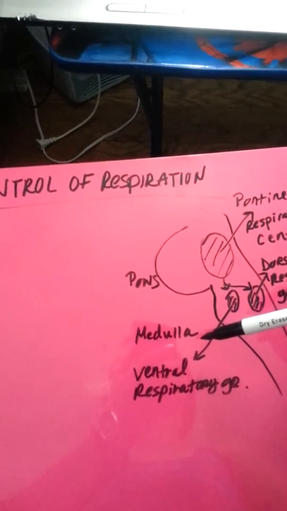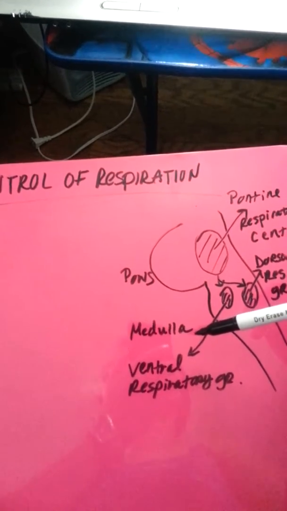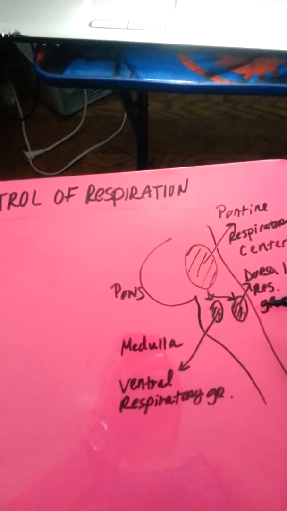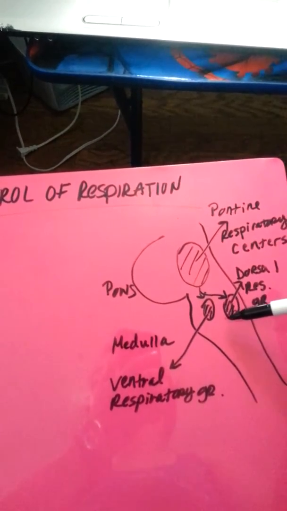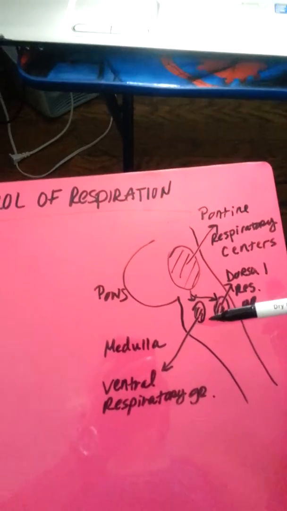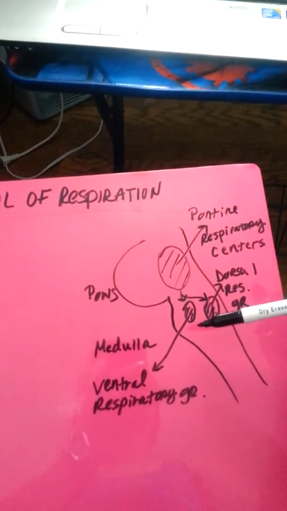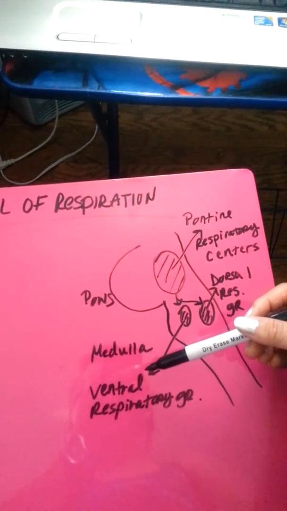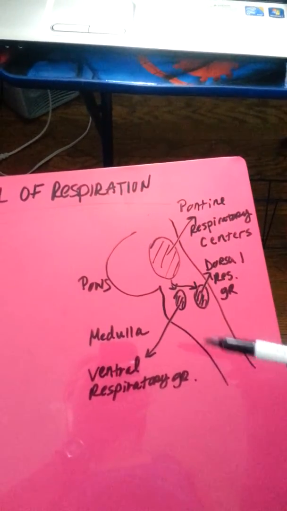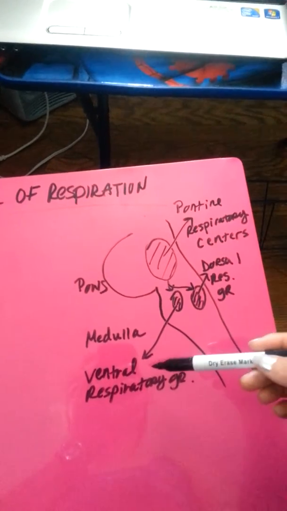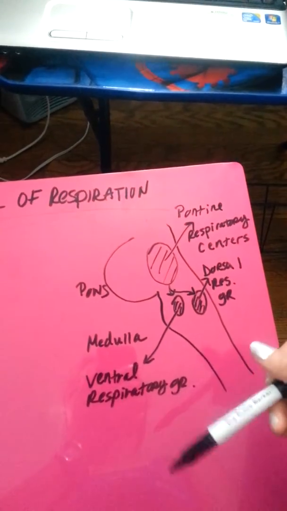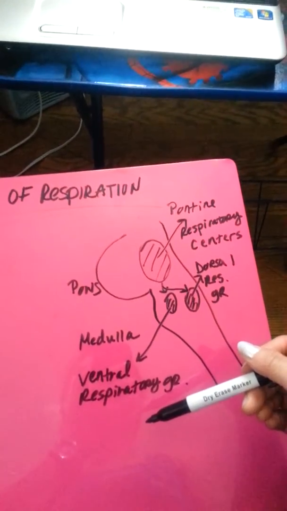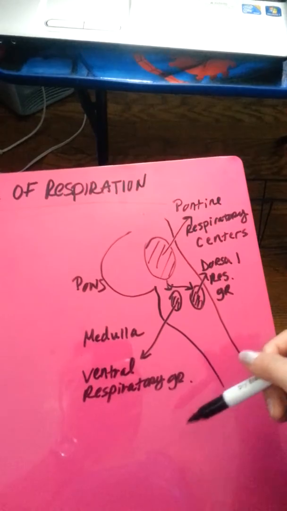The VRG contains rhythm generators whose output drives respiration, and the DRG integrates peripheral sensory input and modifies the rhythms generated by the VRG. The VRG controls the diaphragm, and it also controls external intercostal muscles. Those are the muscles in the rib cage.